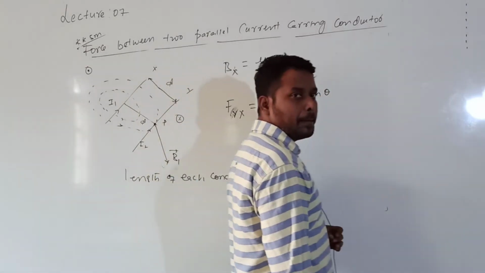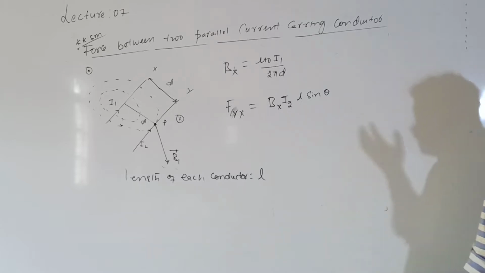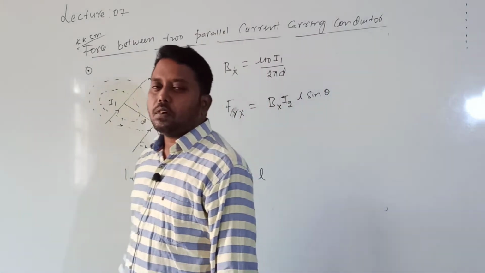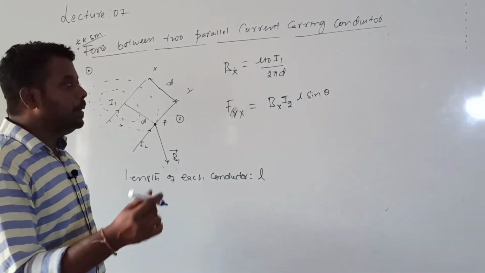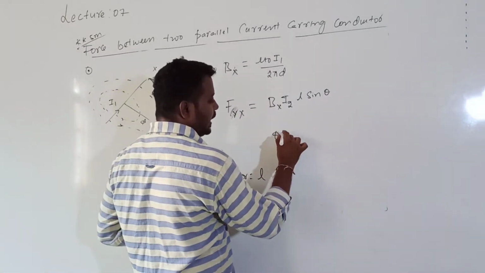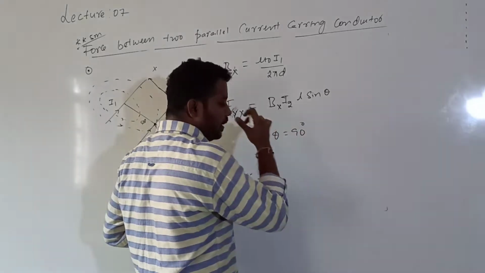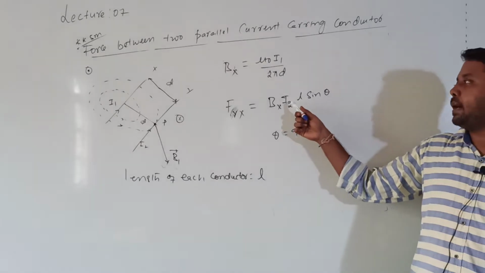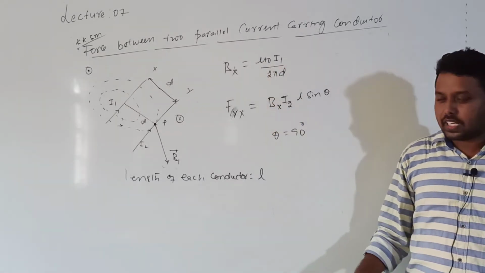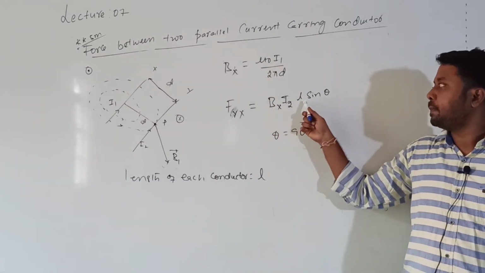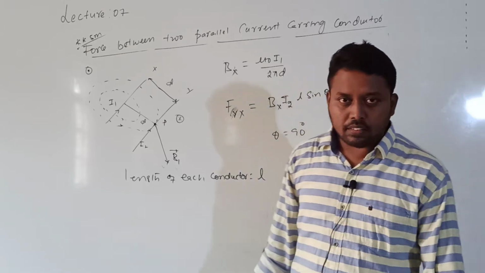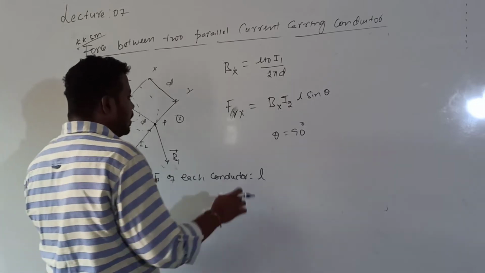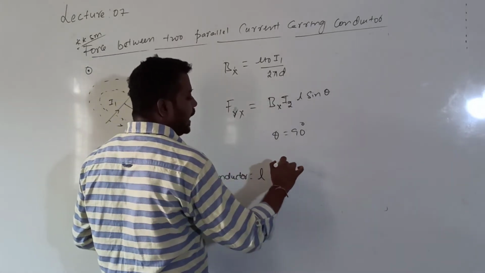Can you remember? We have discussed that whenever a current carrying conductor is placed in a magnetic field, the force acting is given by B I l sin theta. Here what is theta? Theta is the angle between B and L. B will be perpendicular to the plane, that is B is perpendicular to L, correct? So from this, what can I write?